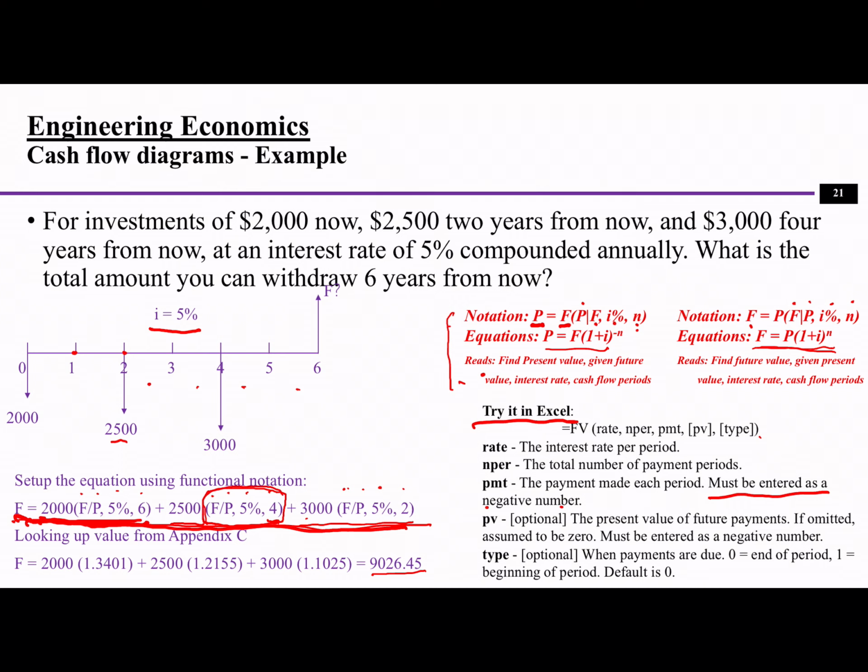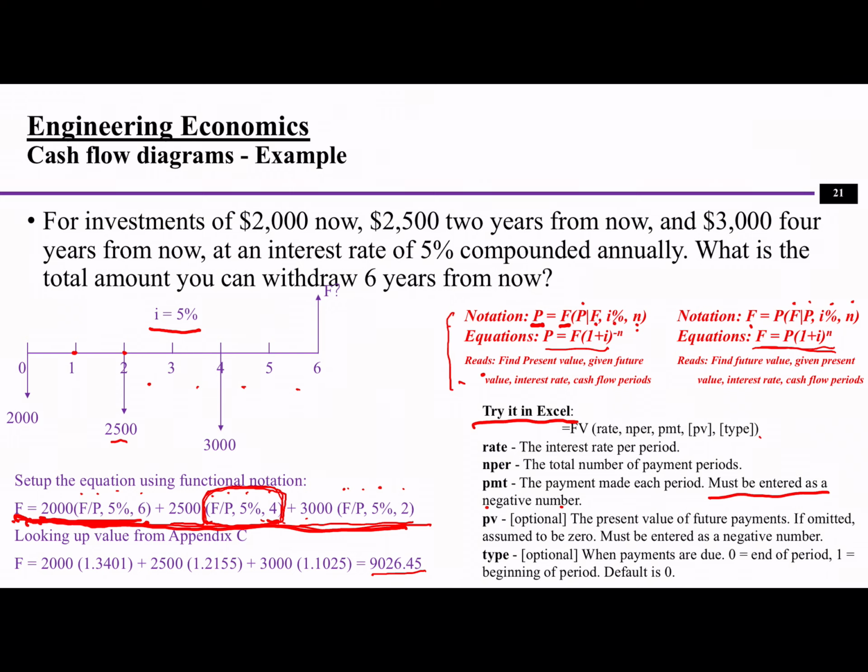Another way that you can find out is there are interest rate values you can get from interest tables. There's a compound interest table that is available online or from engineering economics books.